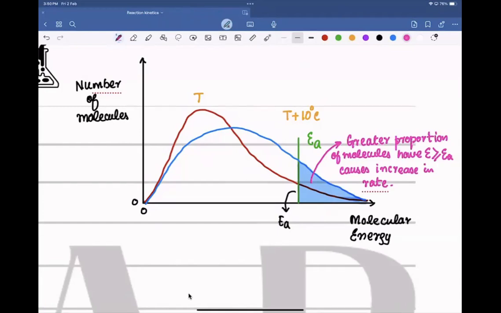Okay. Now we are going to see what will be the shape of the curve when the temperature gets lowered.